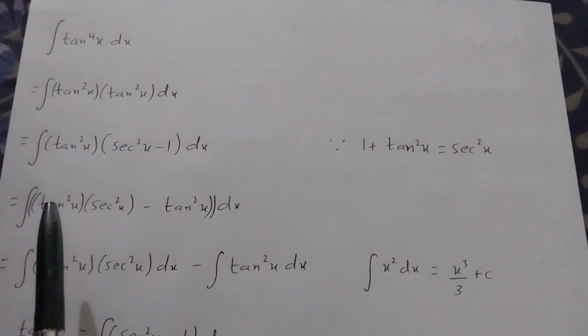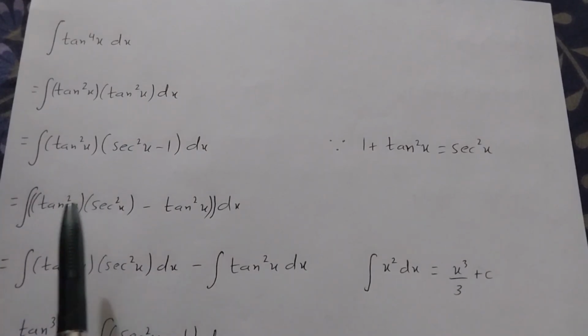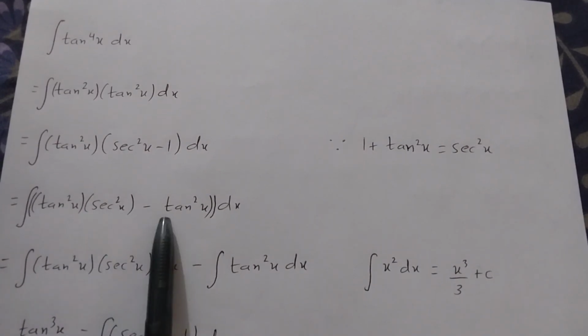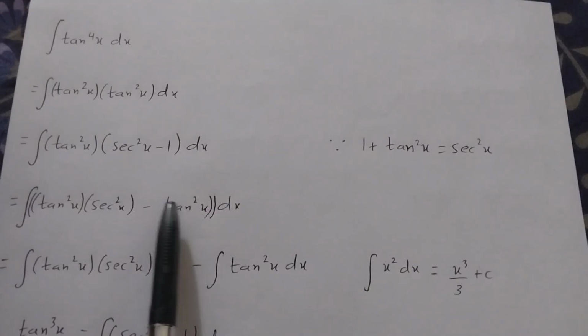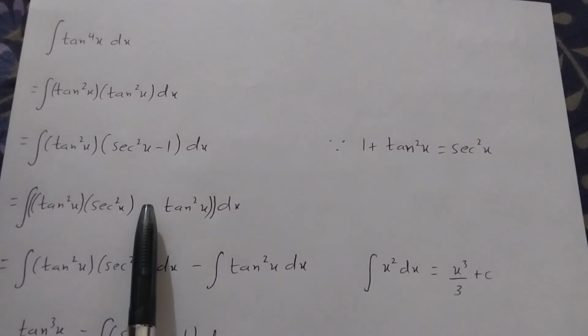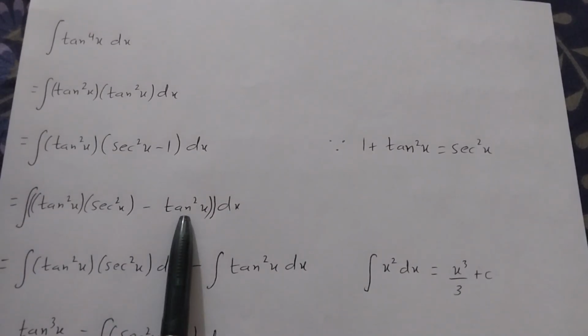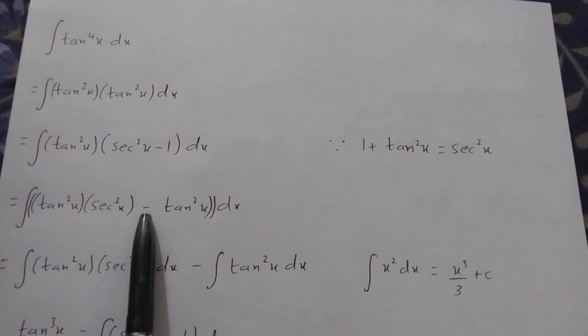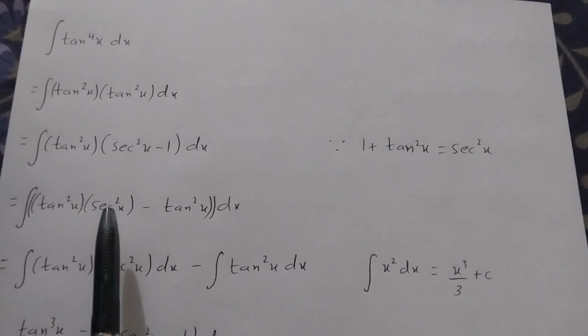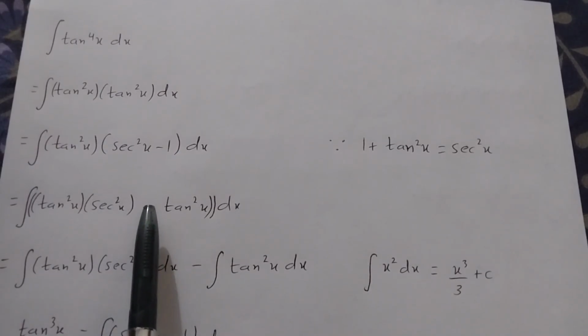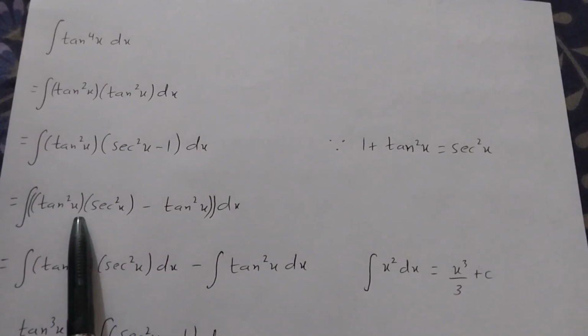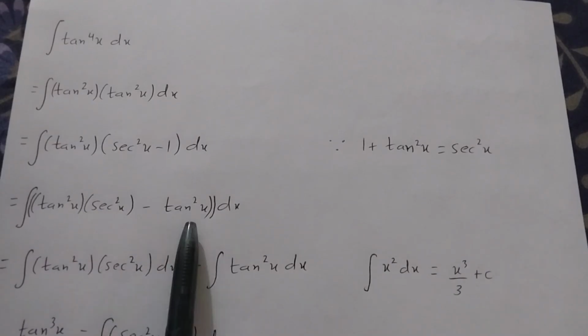So we know that this is one term, tan square x into secant square x, because this is a product, and this is another term, tan square x, because there's a minus sign between these two, and minus or plus sign basically defines the number of terms. So these are two terms.